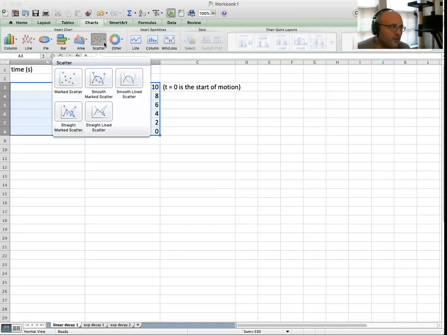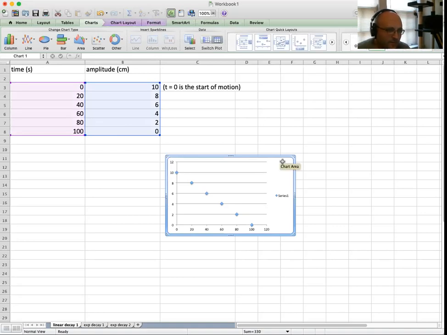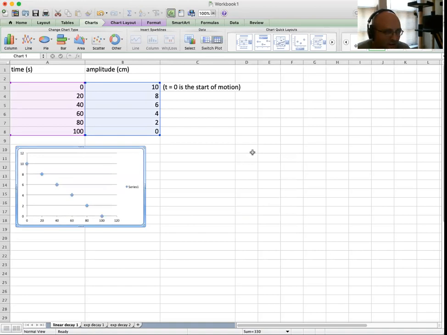And if I were to plot this on a simple scatter plot here, once the pinwheel of death is done, you get a plot that looks something like this, which is simply a straight line down. And what that implies is, if you let enough time pass, the amplitude will be 0.